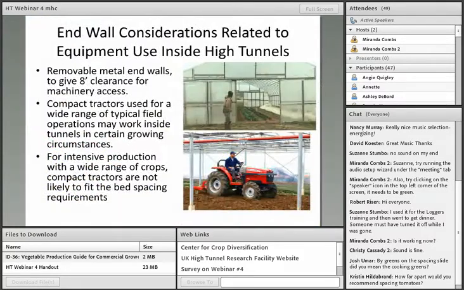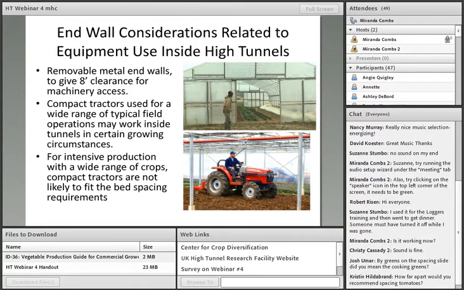Now, you can use some compact tractors in high tunnels if you've got access, if you've got the end wall set up that'll allow you to get a tractor in there. Obviously, there are constraints as to what sort of operations you're going to be able to do, particularly after a crop is established in terms of spacing and the beds.